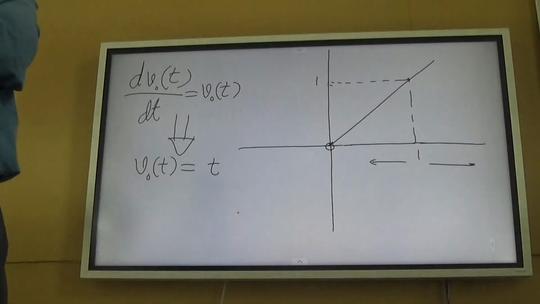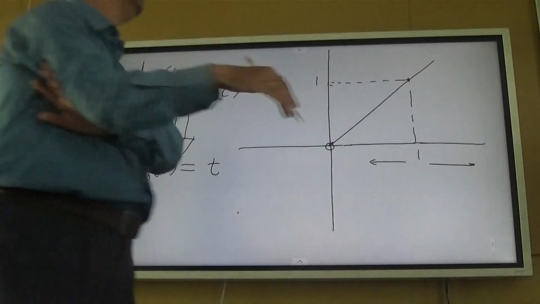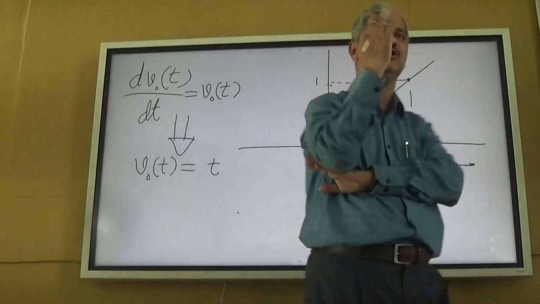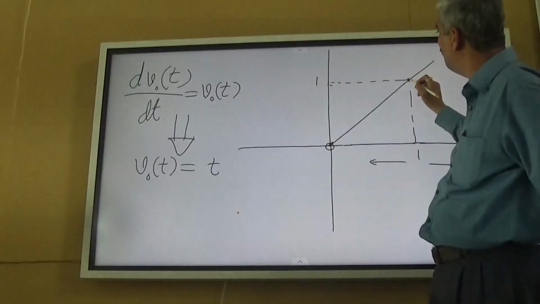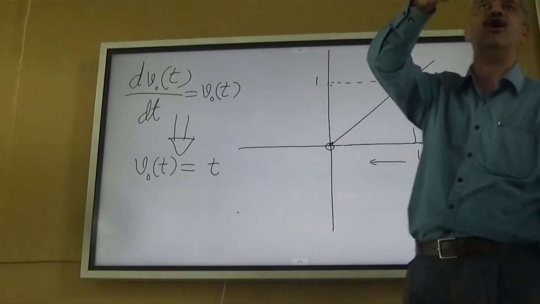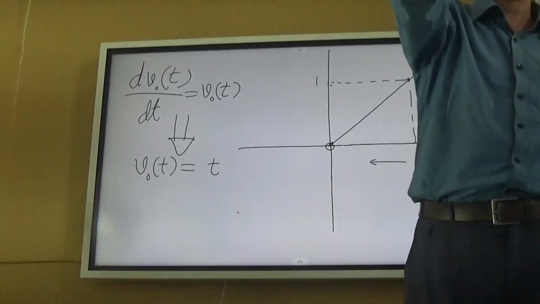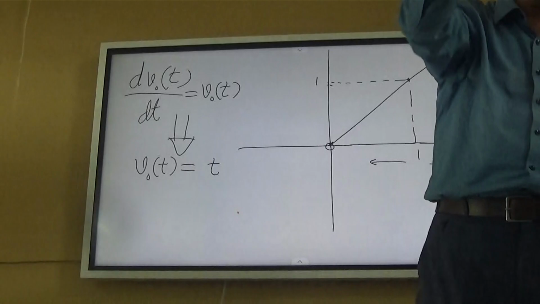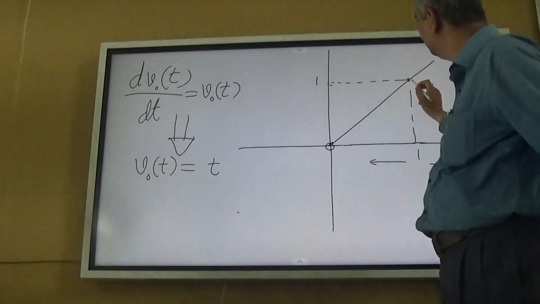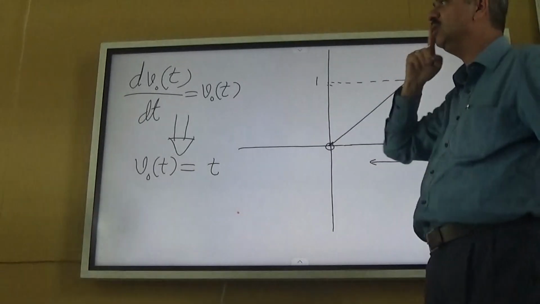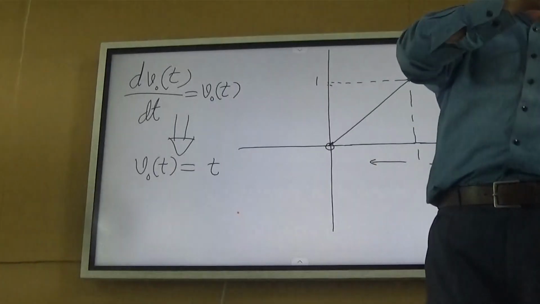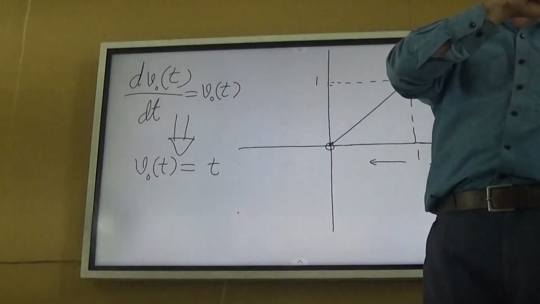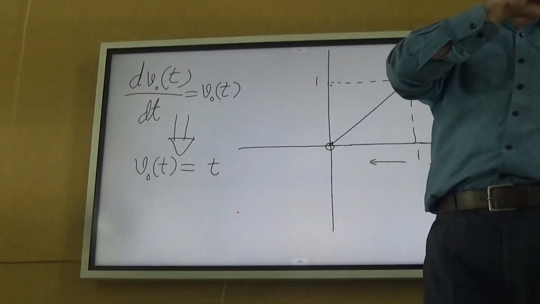Let us say, whether it may be or may not be, if somehow 1, 1 is a point on the solution, and I am moving like this, what is the slope? Slope is 1.